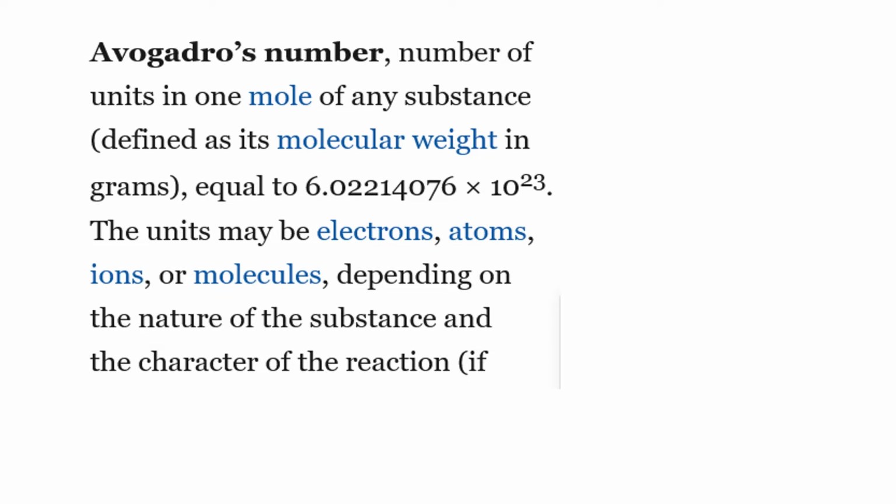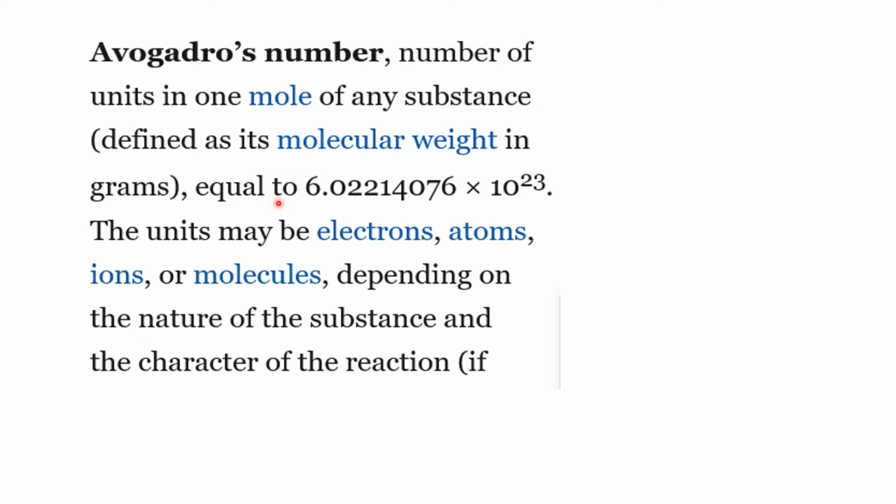Let us talk about the problem set given to you, which are about the Avogadro number and mole. Let us first review the meaning of Avogadro number, that this is the number of units in 1 mole of any substance, defined as its molecular weight in grams.